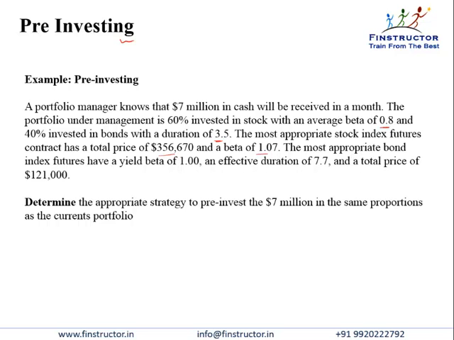The most appropriate bond index futures have a yield beta of 1, an effective duration of 7.7 and a total price of $121,000. Determine the appropriate strategy to pre-invest the $7 million in the same proportion as the current portfolio.